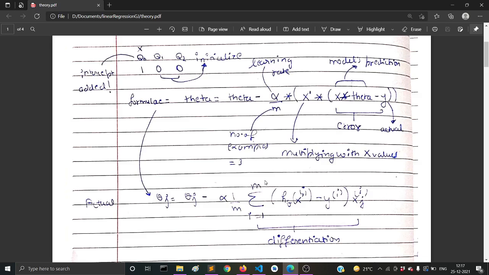All the thetas are updated based on their previous state. We don't do it iteratively, right? There might be problems if we do it iteratively. So we do it simultaneously by looking at the previous state and then converging to the next state.